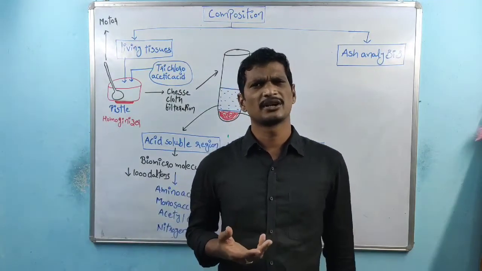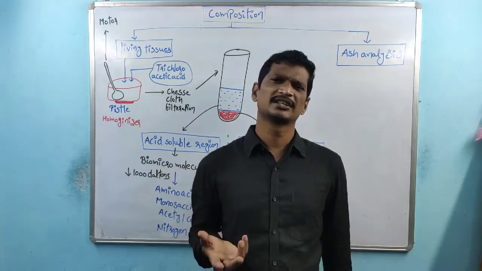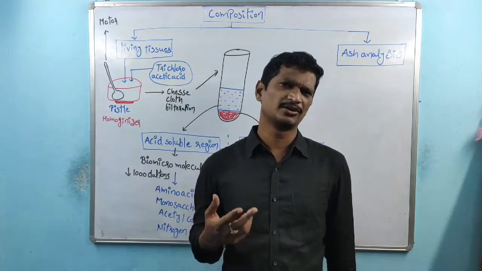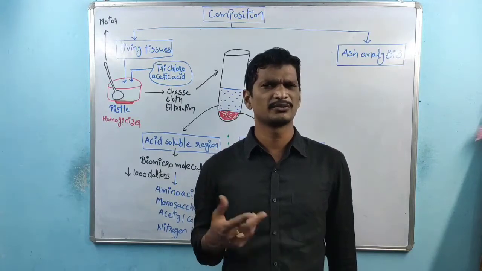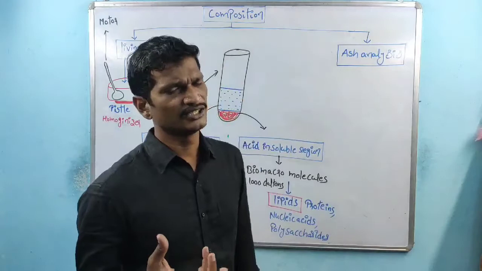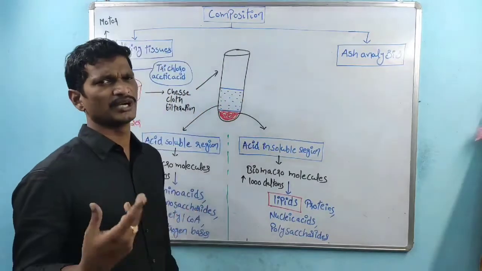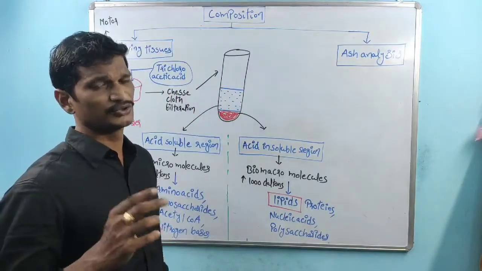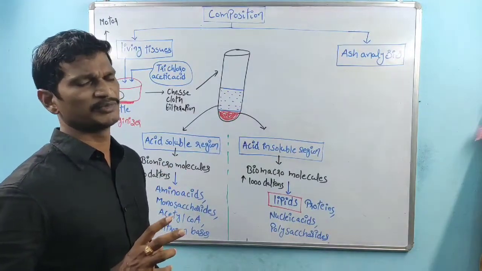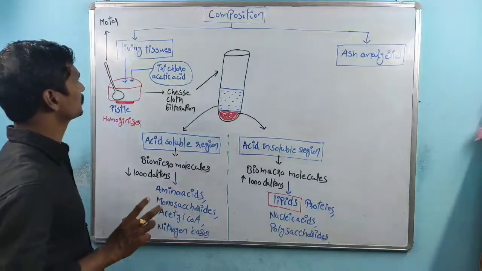If we go to the slaughterhouse, at that time we can collect the liver, right? Maybe chicken liver, goat liver, or sheep liver. Those liver cells are subjected to the chemical composition analysis process.